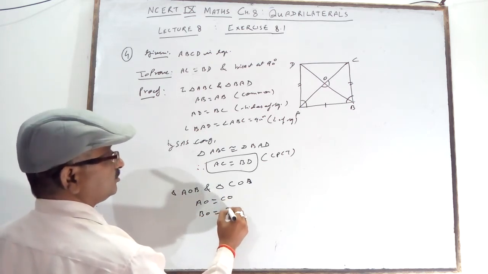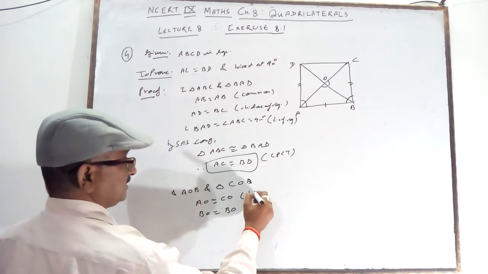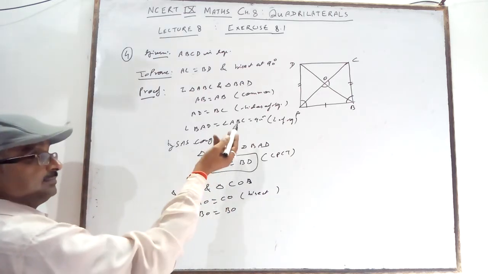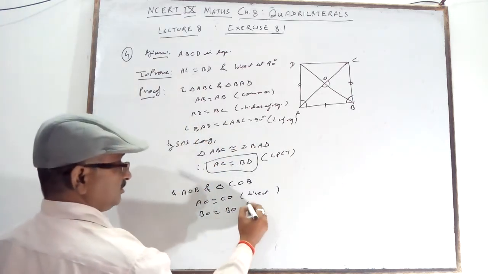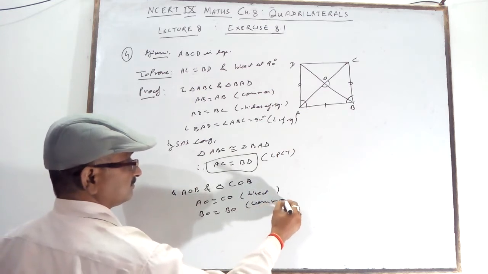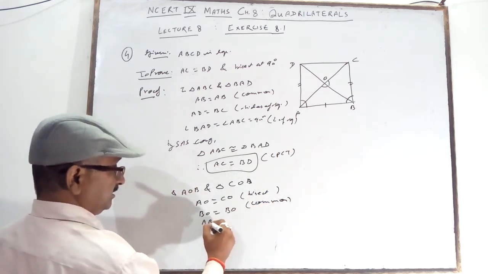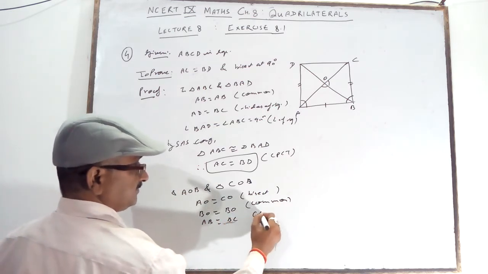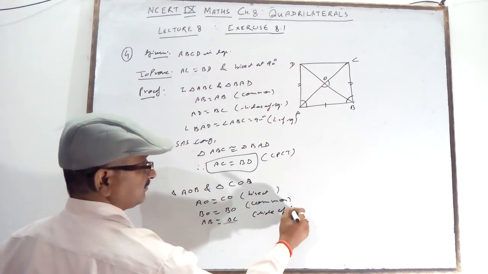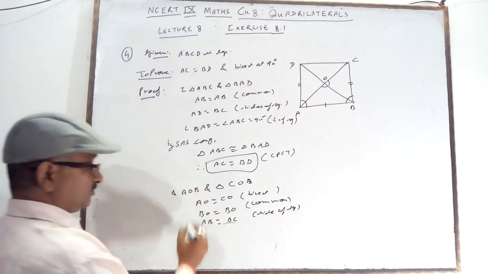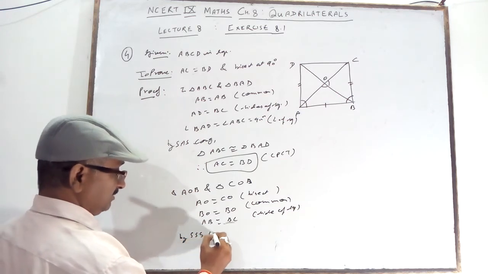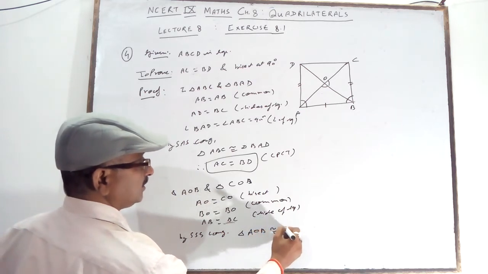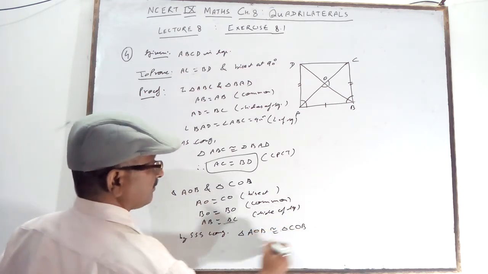BO is equal to BO, common. And AB is equal to CB, because sides of a square are always equal. So by SSS congruency, triangle AOB is congruent to triangle COB.